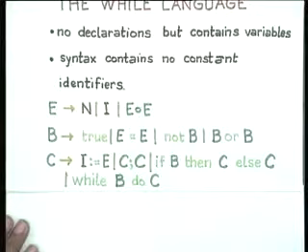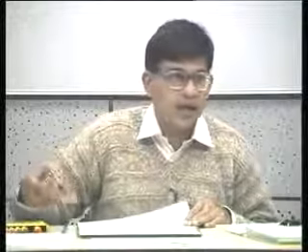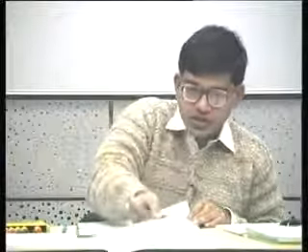In the last few lectures, we looked at an expression language with declarations, so it was very much like a functional language. Here we are looking mainly at an imperative language without declarations, because in an imperative language the main syntactic category is commands.